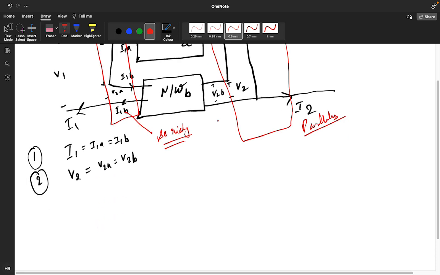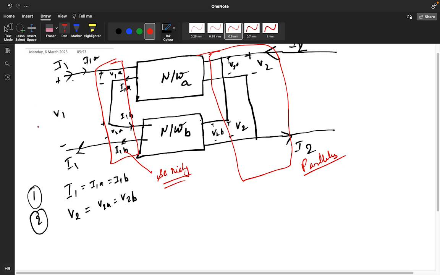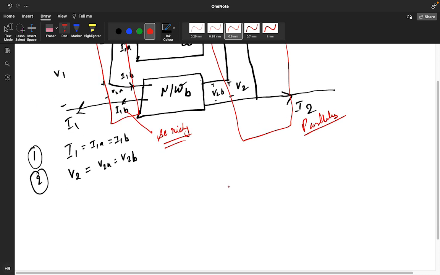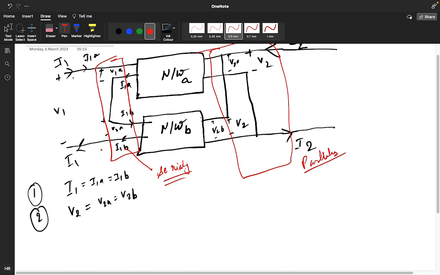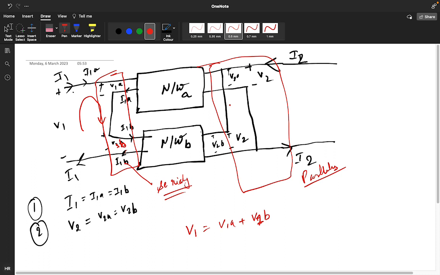So what you will get, the equations from here, your V1 equations will be, if you apply the KVL in this particular part, V1 is equal to V1A plus V1B, and this is your I2 current.